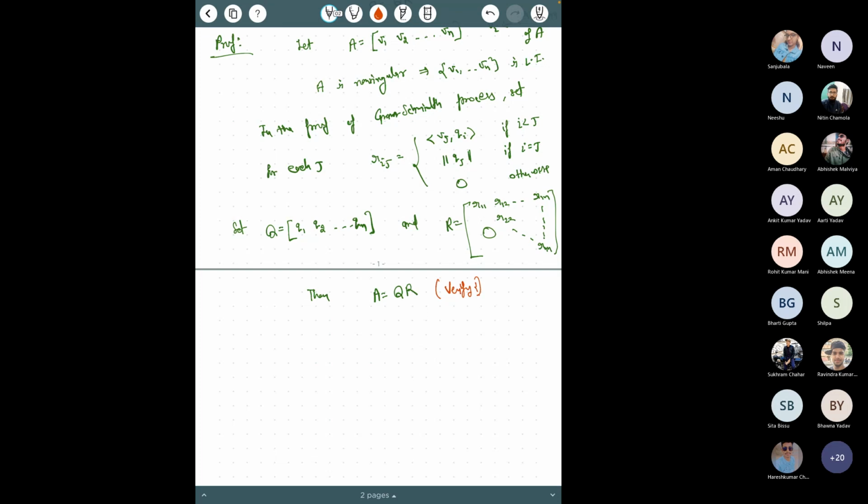For the eigenvalue algorithm, the process is that if you are given a matrix A, you somehow convert it by some method into a matrix which is simple, in the sense that it is upper triangular, lower triangular, or a diagonal matrix.